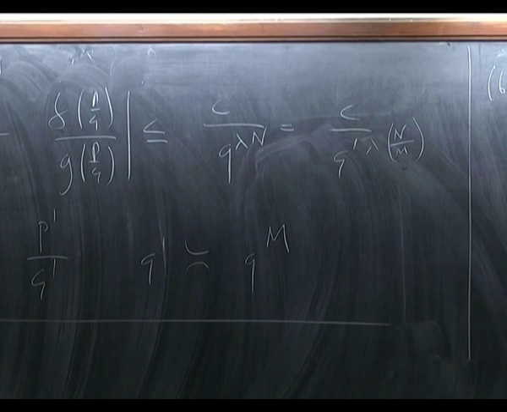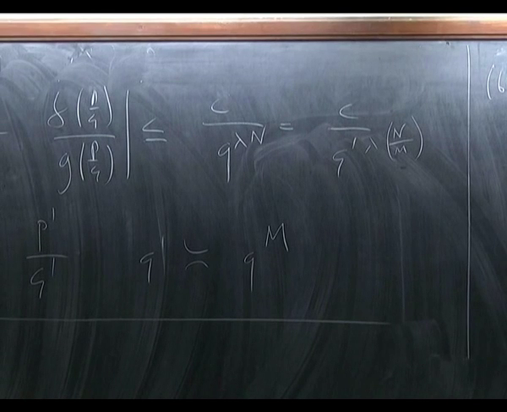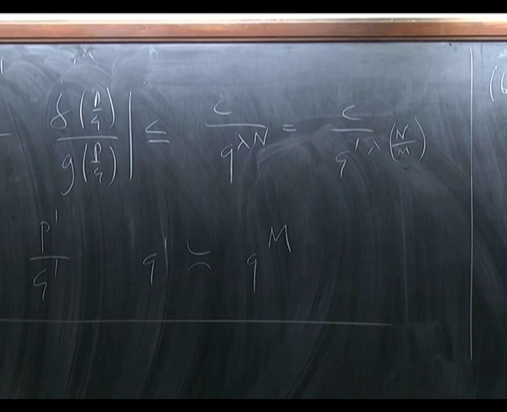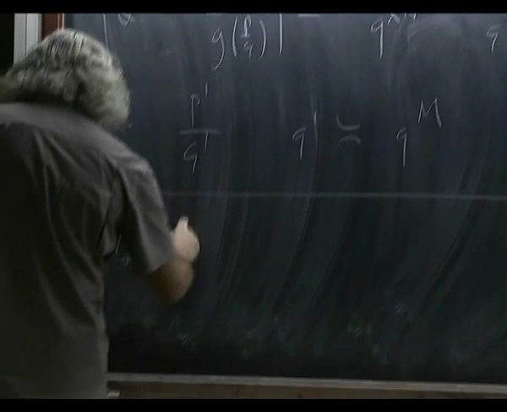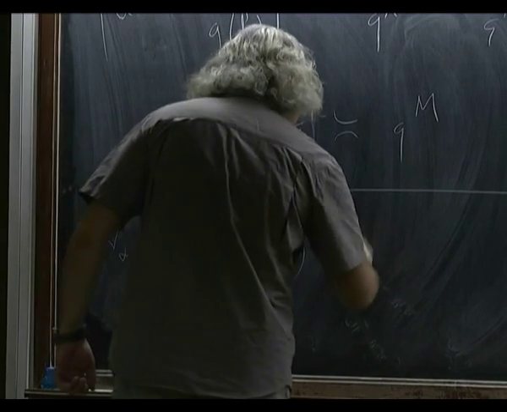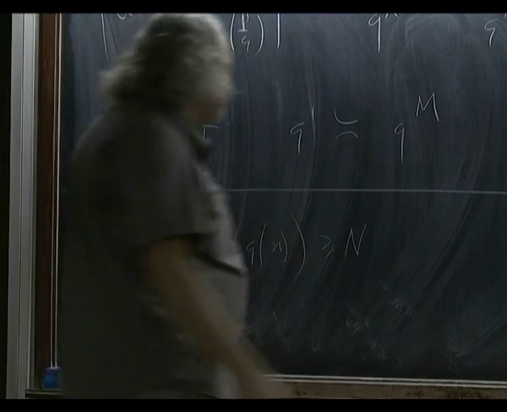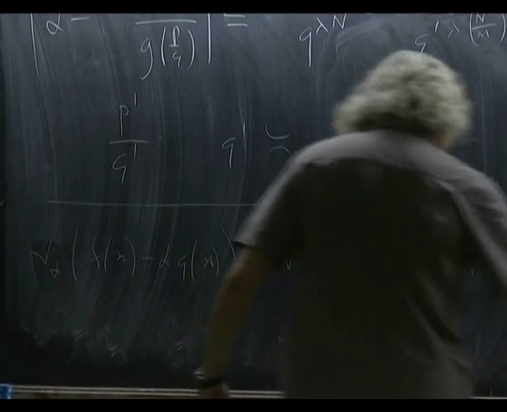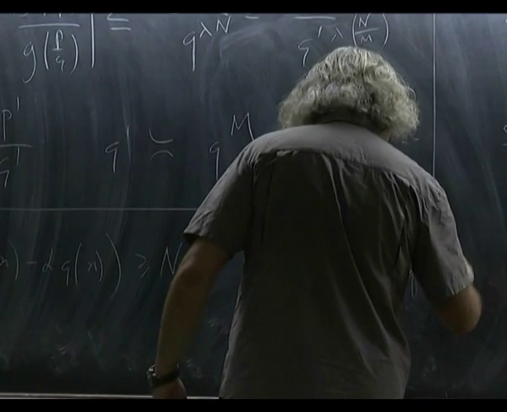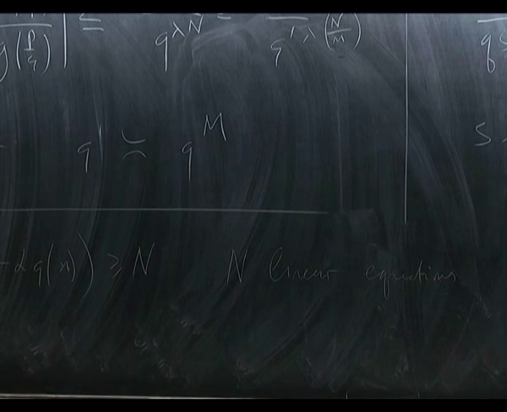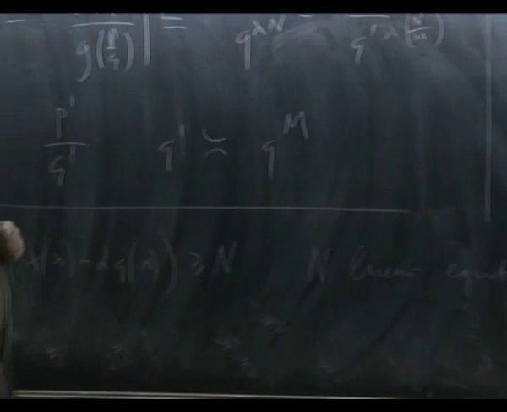Now let us see how to ensure that it all works. How can we choose the numbers m and n? The requirement that f of x minus alpha g of x vanishes to order at least n at alpha means that we have n linear equations on the coefficients.